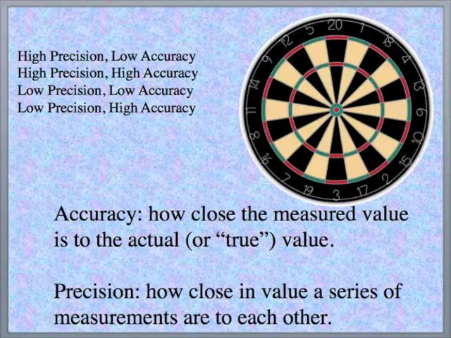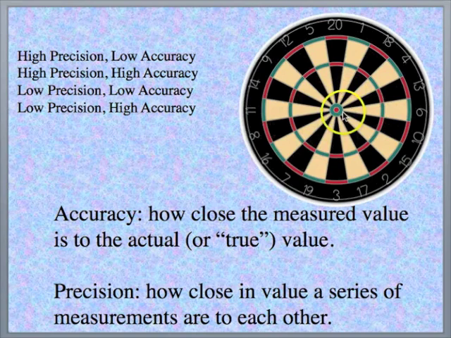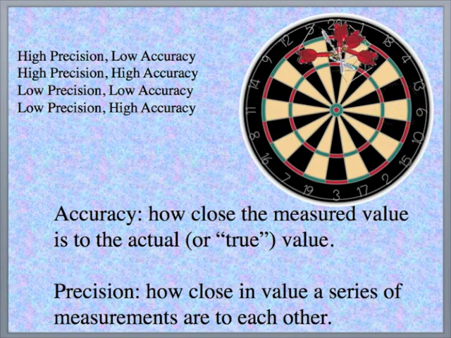Now, to discuss this, I use the analogy of a dartboard where the center of the dartboard, right here, is the true value. And the darts are individual measurements. So let's say we have a situation where all of our darts are close together, but not near the bullseye.